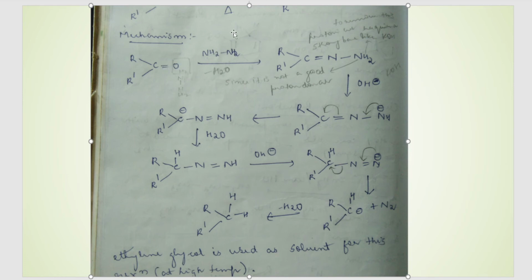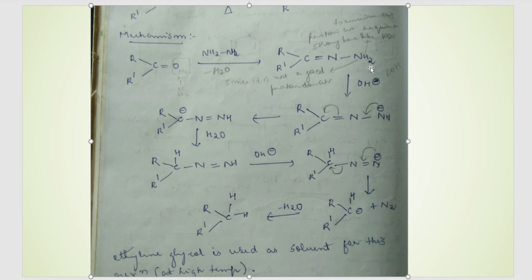They will combine together as water, so there is elimination of water in step number one. What are we left with? N-NH2. That N-NH2 will directly attach to the carbon. So only this oxygen will go out with two H as water, and we will get C double bond N-NH2.